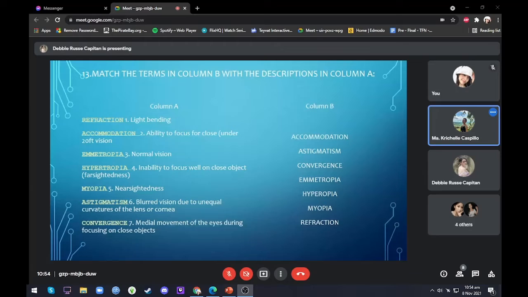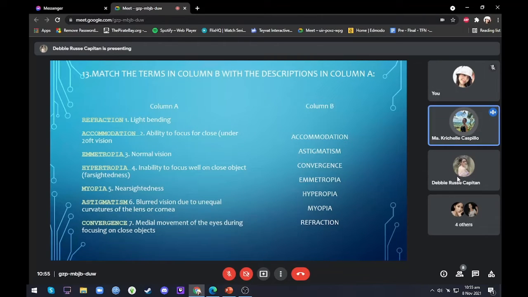Number 13. Match the terms in column B with the descriptions in column A. 1. Light bending, our answer is refraction. 2. Ability to focus for close or under 20 feet vision, which is accommodation. 3. Normal vision is emmetropia. 4.